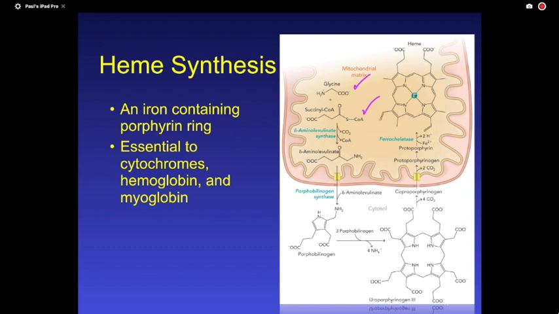And the reaction actually occurs in the mitochondria, and I make an intermediate that is transported into the cytosol. All right? And then we react 2 of those to create this ring structure, and we take 4 of those to begin to make the heme group, of which I've got to add an iron in here later. All right?